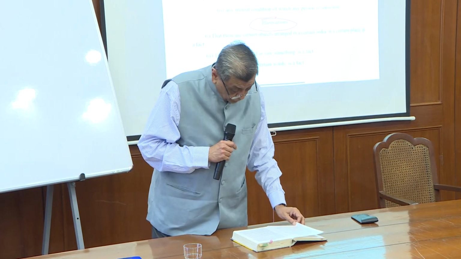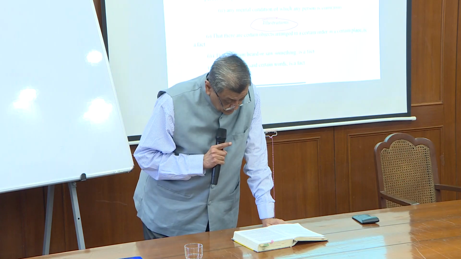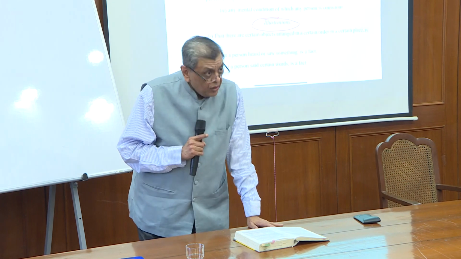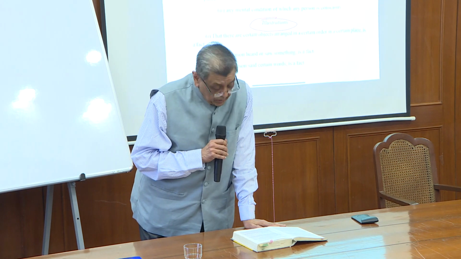Okay, Order 6, Rule 4. These are important, these are categories. And every one of them must be understood clearly to get an understanding of what we're talking about next.